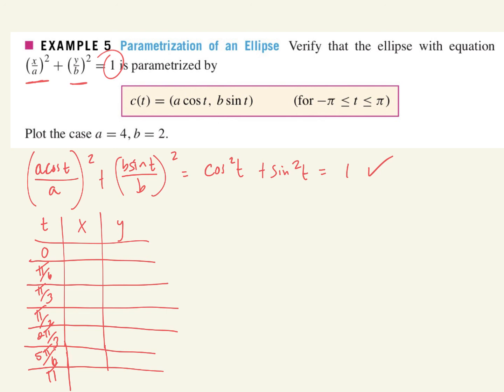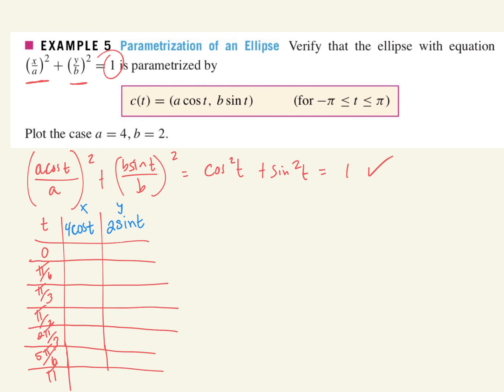And I'm putting them into the a cos t, b sine t, where a is now 4 and b is 2. So I'm going to replace in my table exactly that. For my x, I have 4 cosine of t, and for my y, I have 2 sine of t.